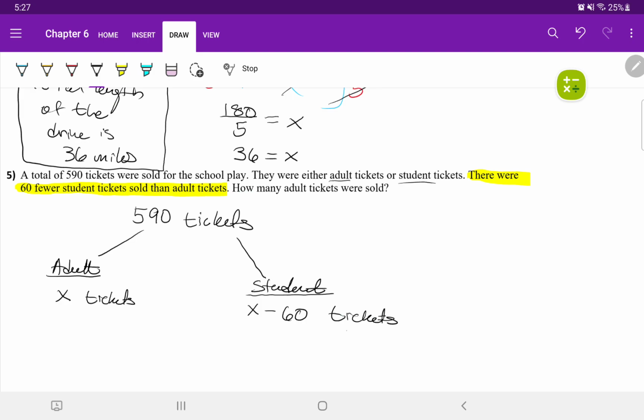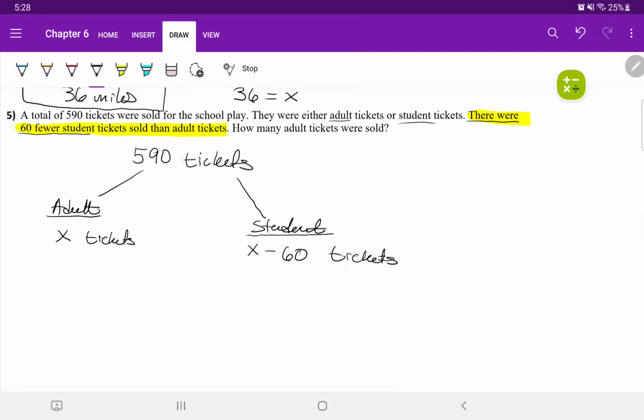Let me explain. Once again, we do not know how many adult tickets were sold as of right now, so there were X adult tickets. Because there were 60 fewer student tickets sold than adult tickets, whatever adult tickets are, subtract 60 from it to find the number of student tickets.